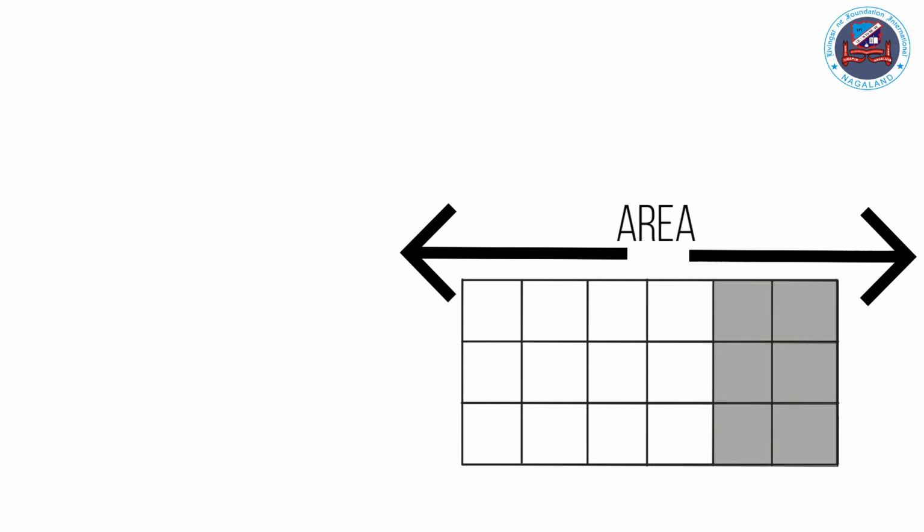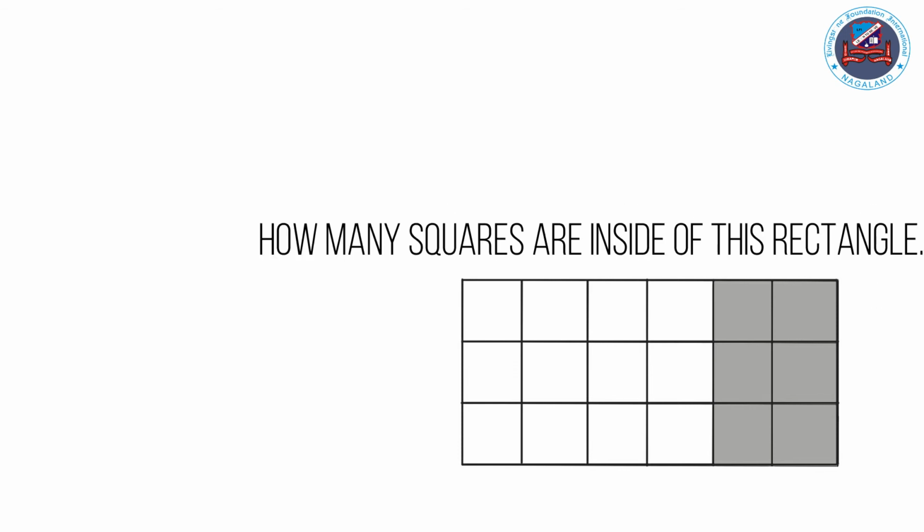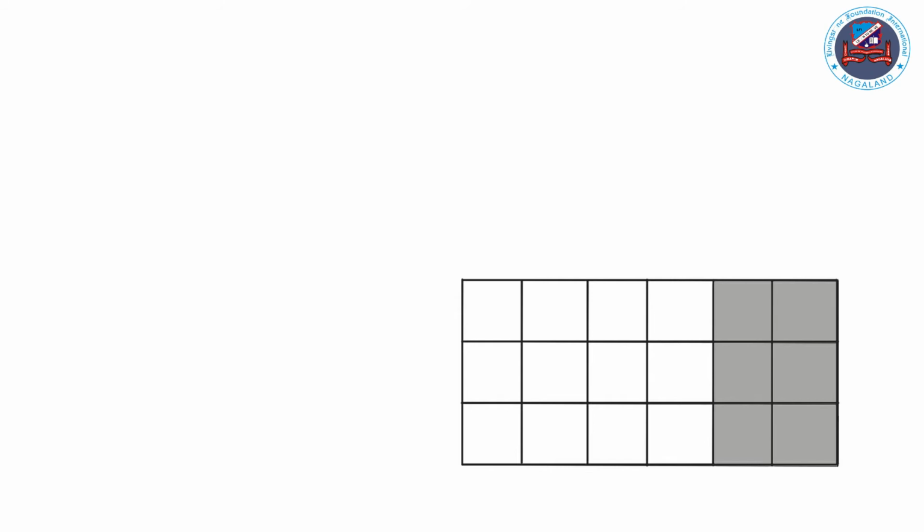To find out the area of the whole rectangle, let's count how many squares are inside of this rectangle. Let's count 1, 2, 3, up to 18.